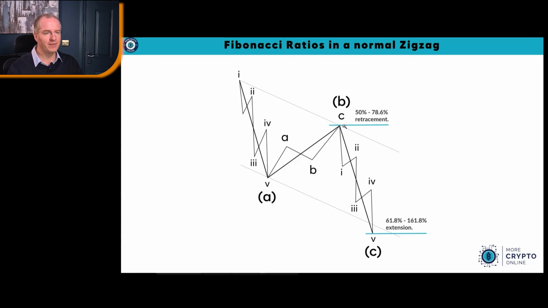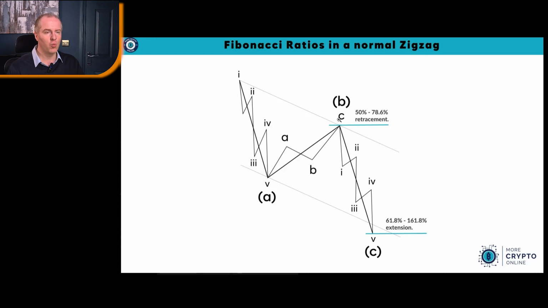Then the B wave itself can be a zigzag correction. It can be a flat correction. It could even be a triangle. B waves can take various forms. Sometimes it's even a more complex correction, a WXY structure. That's what we will talk about in future videos as well.